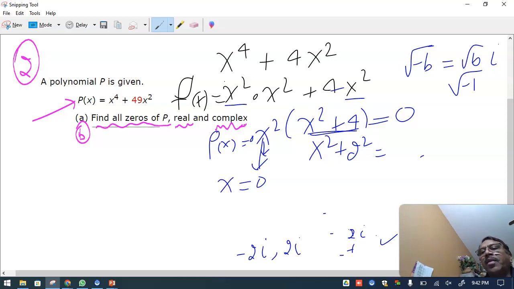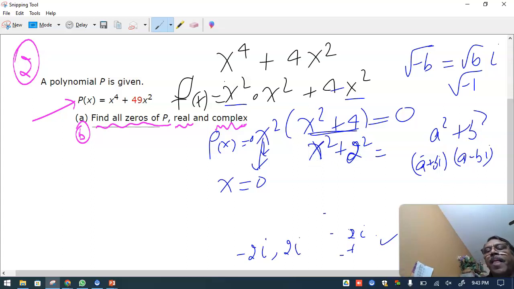And then if you have this, it basically means x squared plus 2 squared. How do you factorize this? You have a squared plus b squared, so the two factors are a plus bi and a minus bi. In this case, b is 2 and a is x. So as I said before, I could just write this as x squared, and then write two factors: x plus 2i and x minus 2i.